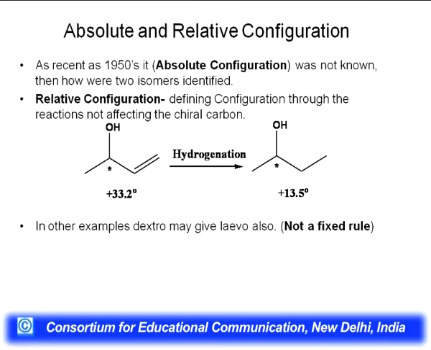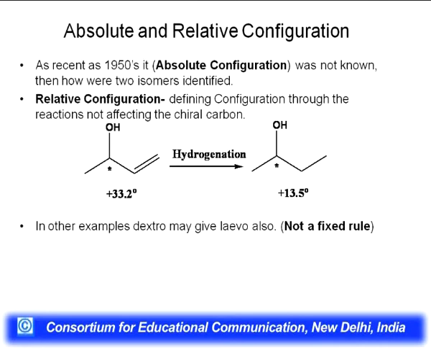That is it. They were not able to say what was the structure or what was the absolute configuration which I drew in the previous slide for the two alcohols. That means they were not able to identify the complete stereochemistry of the molecule, but they could correlate between the molecules by doing reactions which were not affecting the chiral atom.